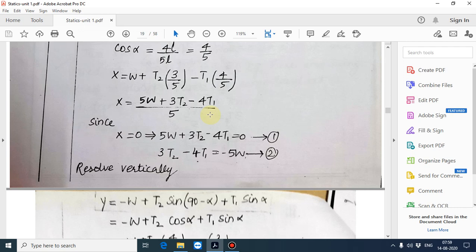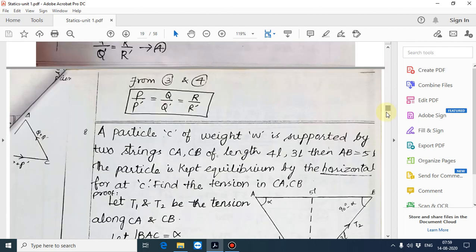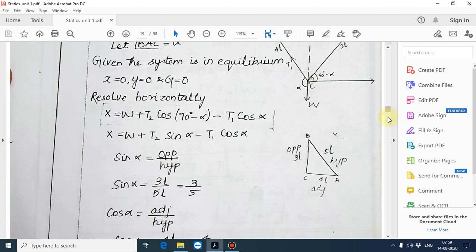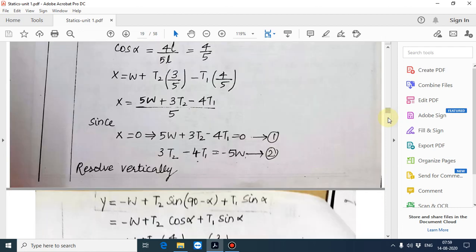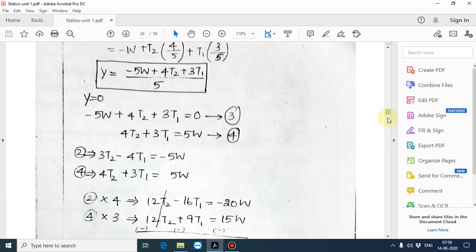Now we have to resolve vertically. Horizontally the sign will be plus here, and here we will get minus. Vertically, y is equal to minus W plus T2 sine of 90 minus alpha plus T1 sine alpha.